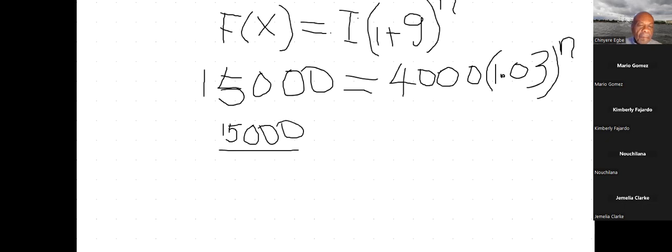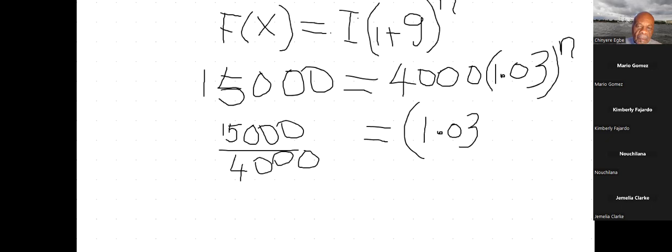15,000 divided by 4,000 is equal to 1.03 to the power n, because we divided both sides by 4,000. If you divide 4,000 into 4,000, you get 1. Am I correct?